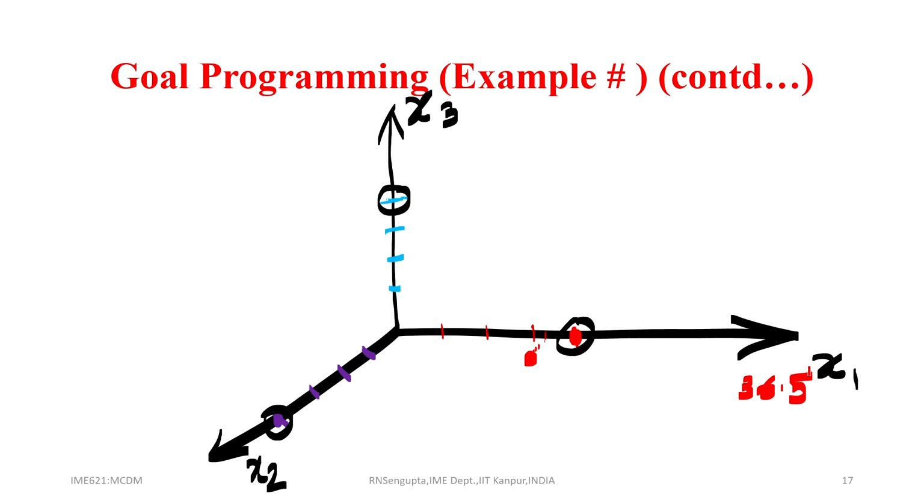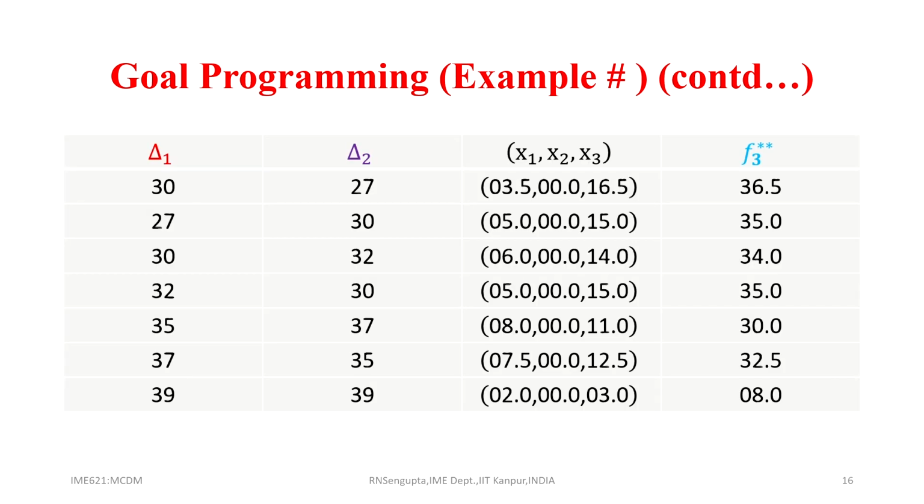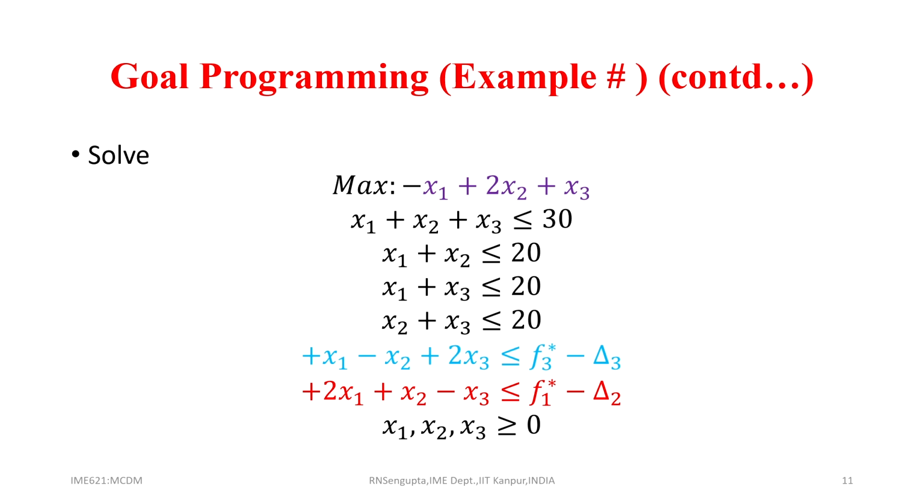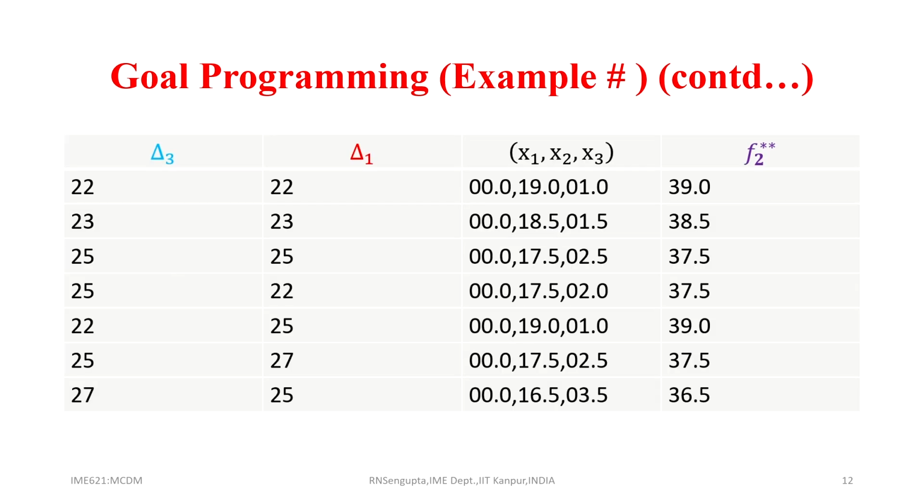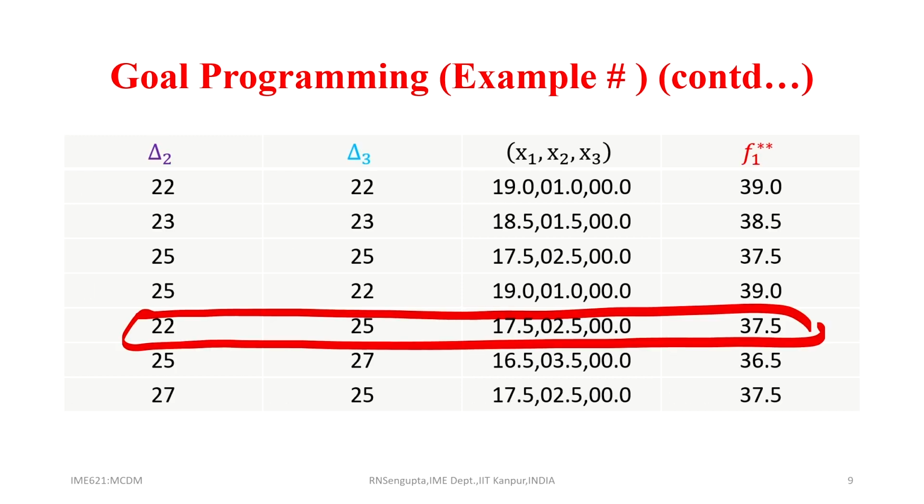So, let us hunt for 36.5 for objective function 2 solved with objective function 1 and 3 in the constraints. So, this was objective function 2 with objective function 1 and 3 in the constraints. For 36.5, it was 3.5, sorry, not 2.5. For 37.5, it was 2.5 and 0.5, and 36.5 is 16.5 and 3.5.